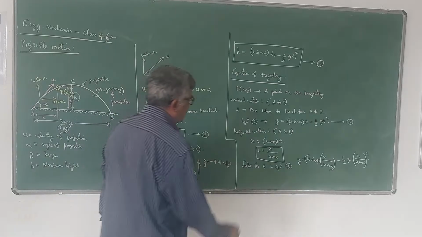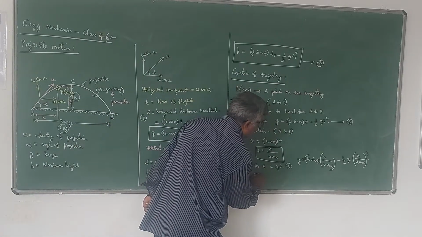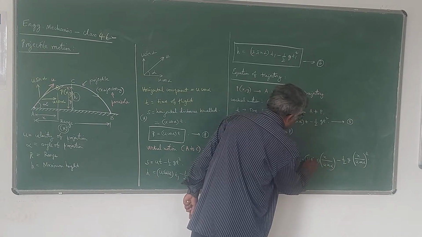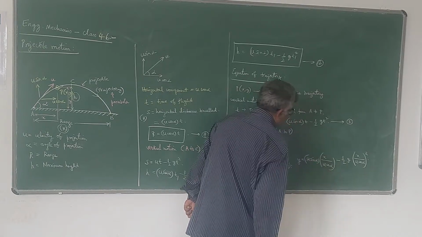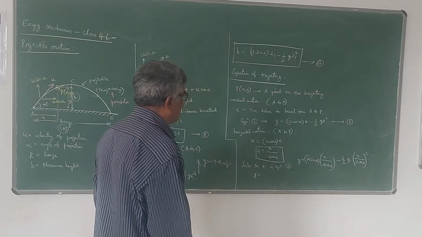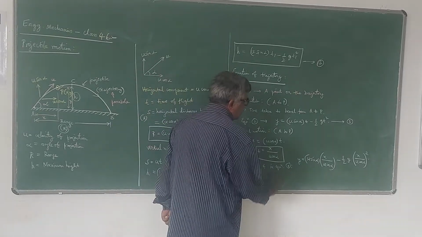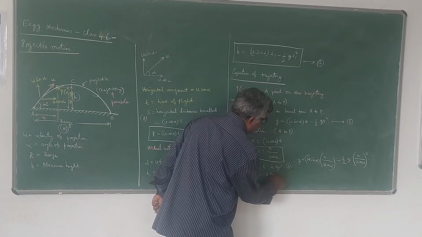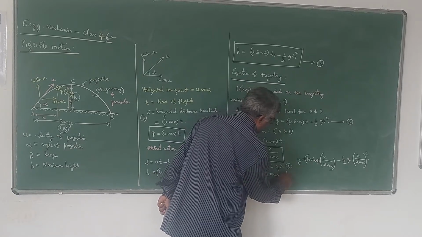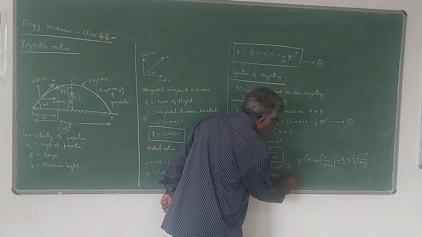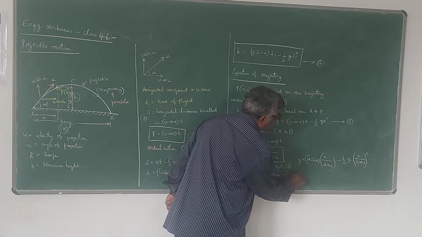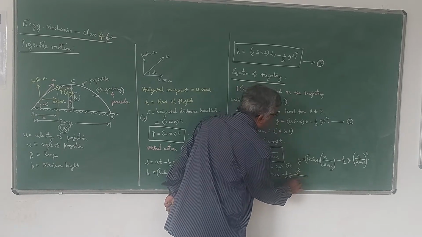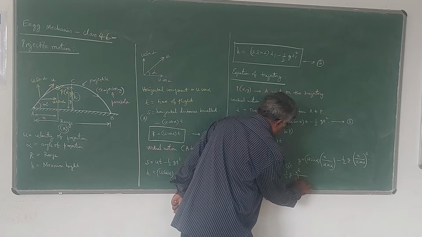Now if you simplify this, sin alpha divided by cos alpha becomes tan alpha, and u and u will get cancelled. So you will be left with x into tan alpha minus half g into x square divided by u square cos square alpha.